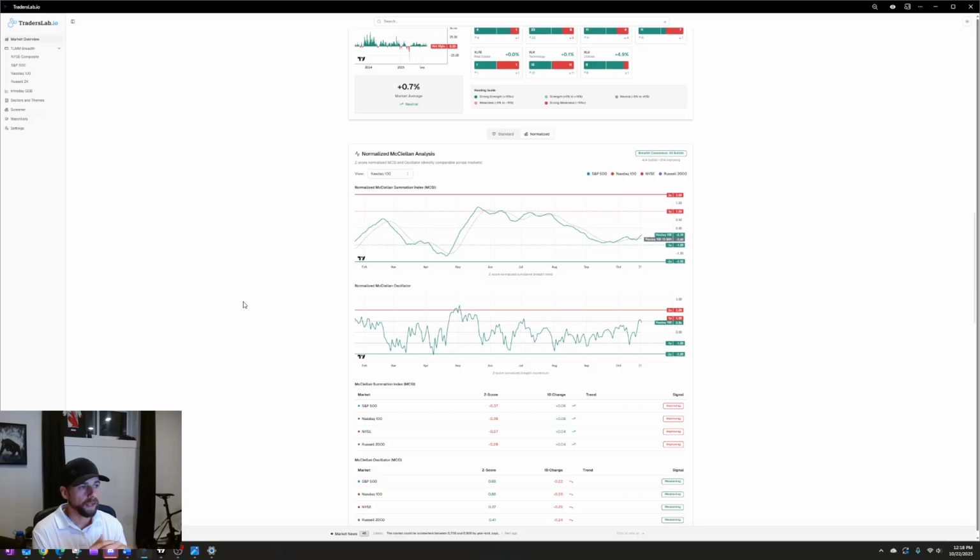So I like to position on oversold readings, either on the MCO, so the oscillator, and in conjunction when the summation is also pretty oversold to the downside. But what usually happens when the market bottoms is you get that breadth thrust, that big power in the market, where momentum is really easy at the start of a market uptrend.